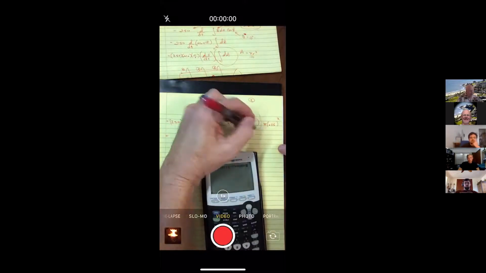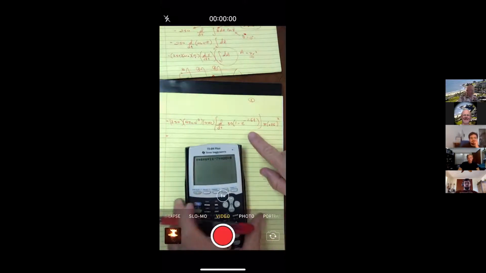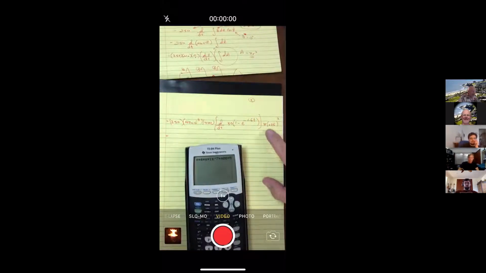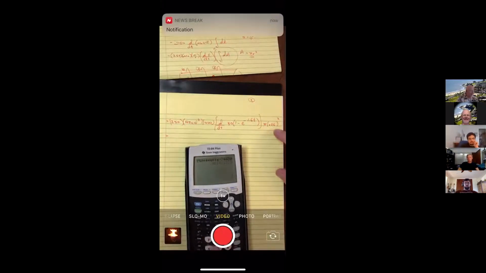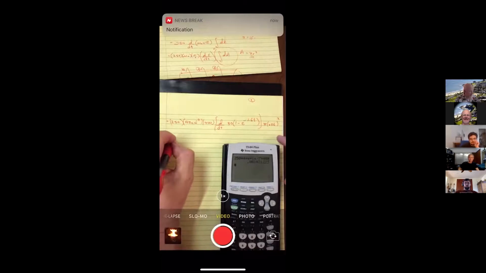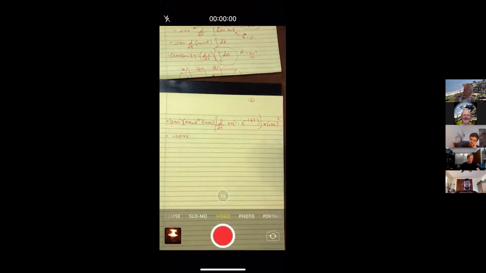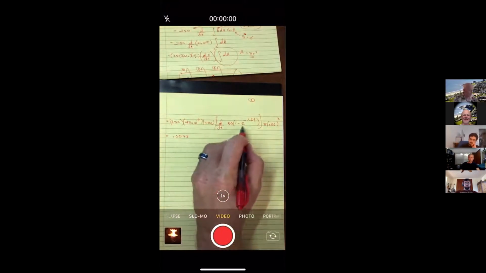I was tempted to mess with the 30, but maybe it will be less confusing if I just leave that alone. And then this thing here, which I suppose I could put in front, and that's technically what I am going to do. So times pi times 0.06 squared. And all of that comes out to be 0.00142.